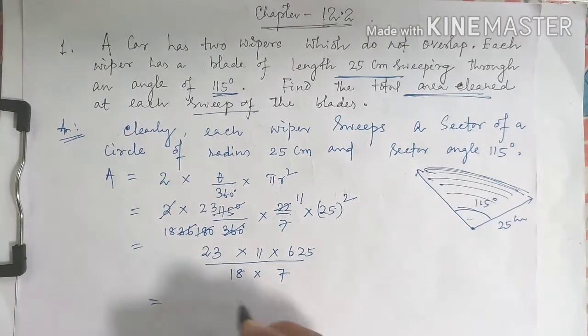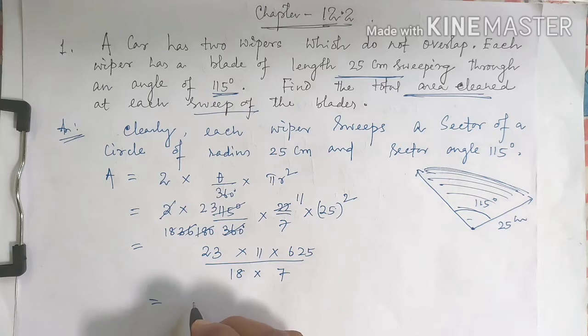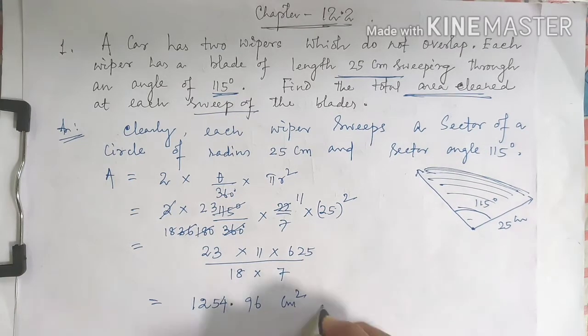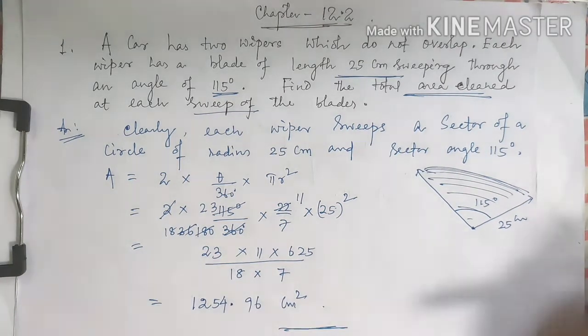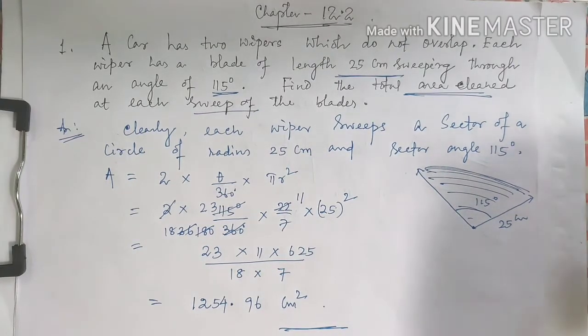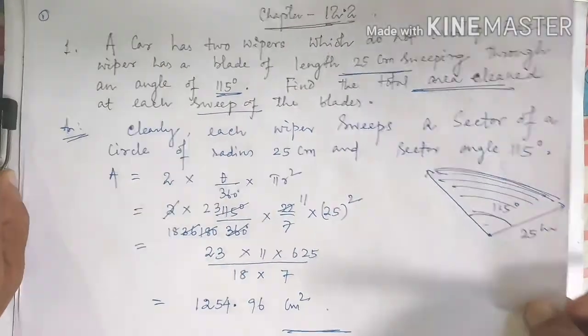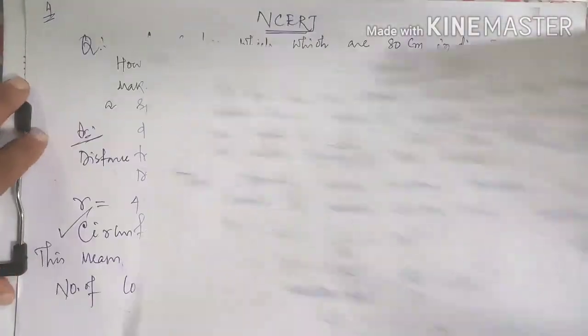After that, I have applied the calculator, and to two decimal places we will get 1254.96 square centimeter. Now this is the area swept by the blades, the cleaning area. So here is one question from your textbook, chapter 12.2.